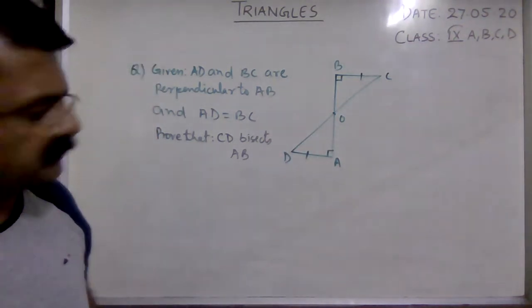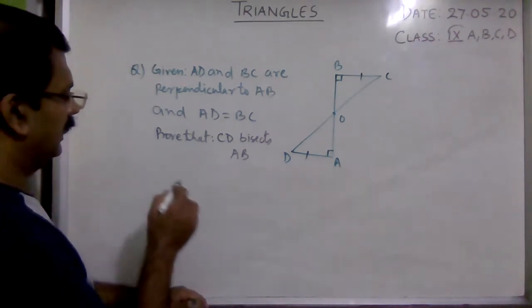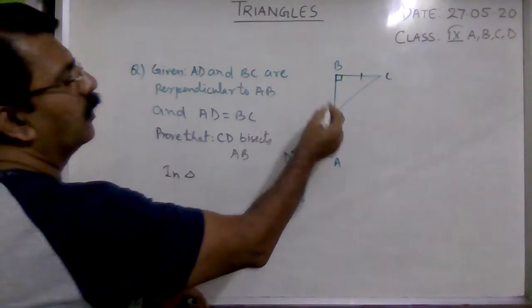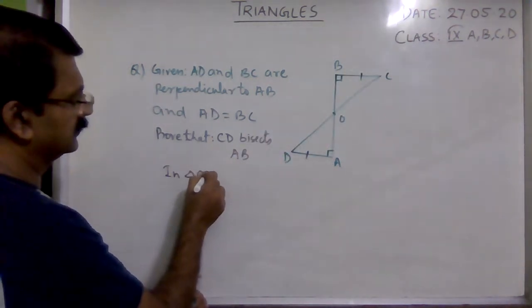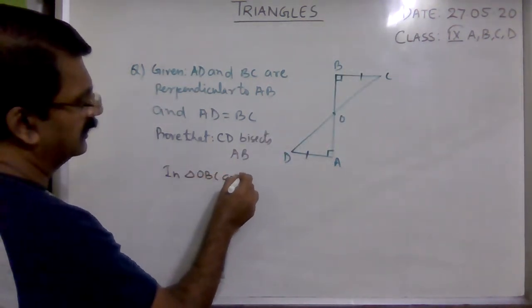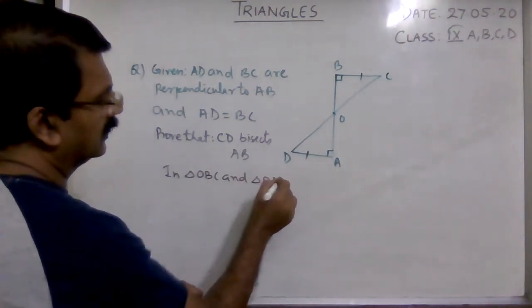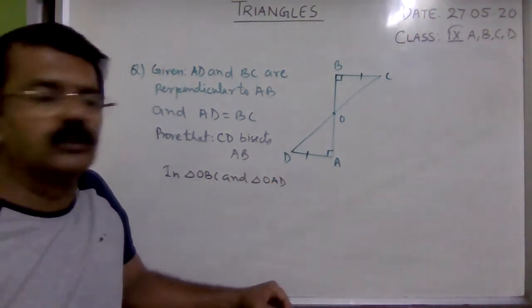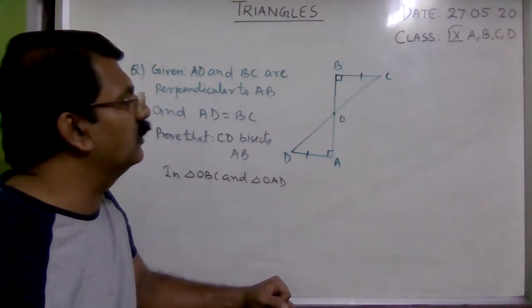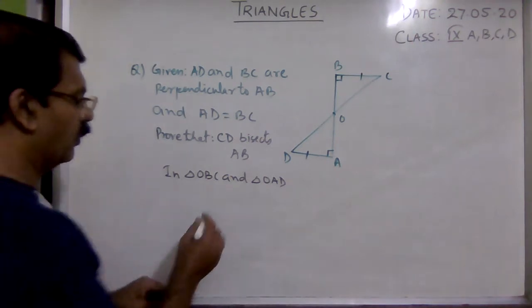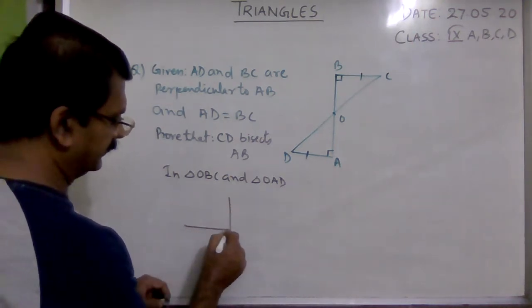Now what we do in triangle OBC and triangle OAD. So in the diagram you can see there are two triangles, OBC and OAD. So we'll make the two triangles separately, OBC and OAD.